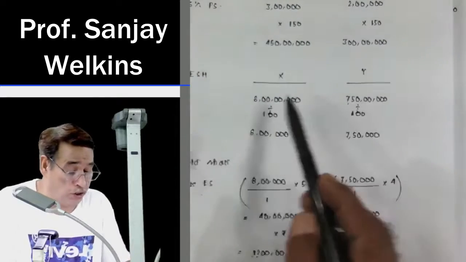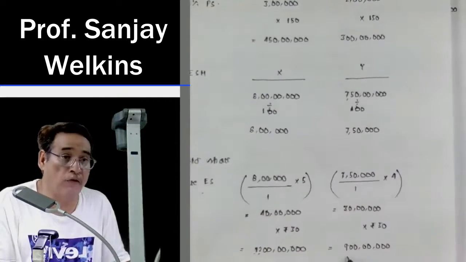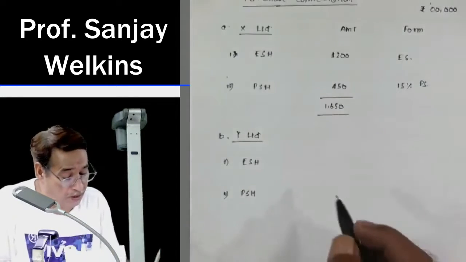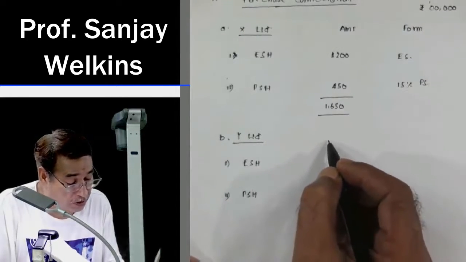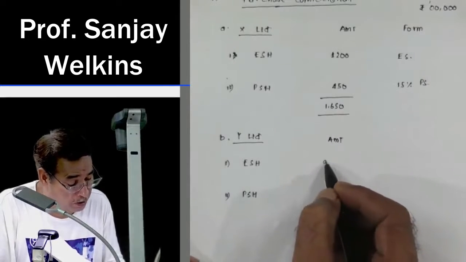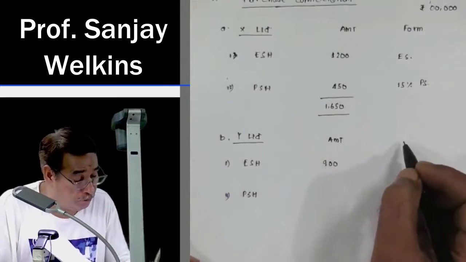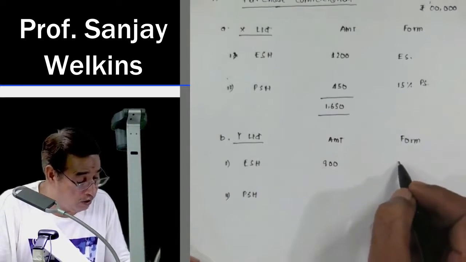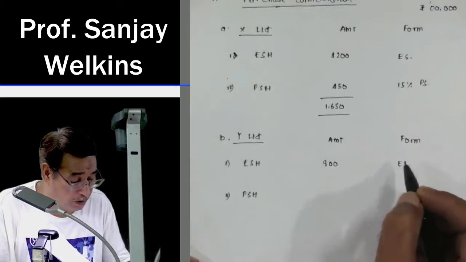As far as equity shareholders of Y Limited are concerned, they were given 900 lakhs worth of equity shares. So I will write 900 lakhs here as far as amount is concerned, and the form is by way of equity shares.